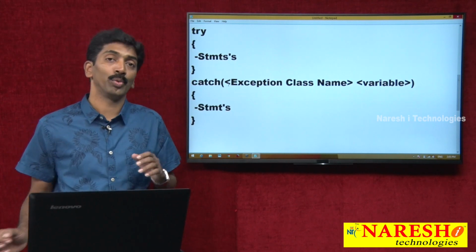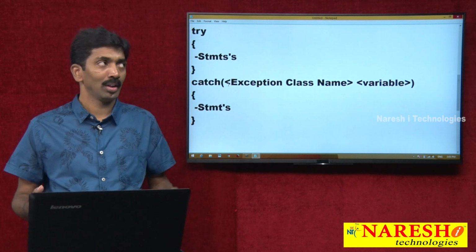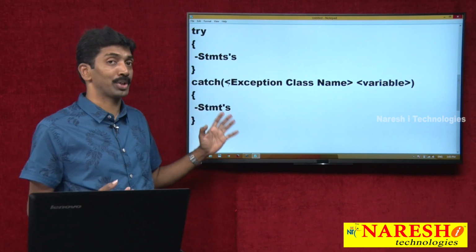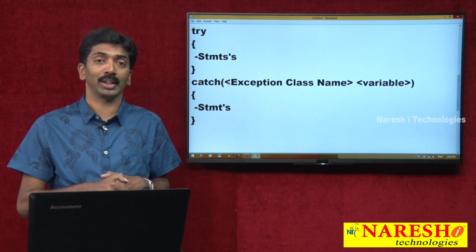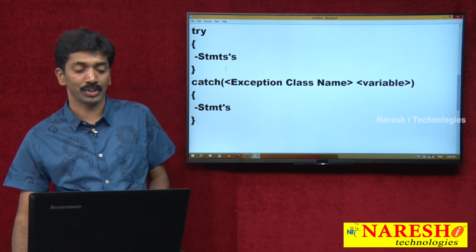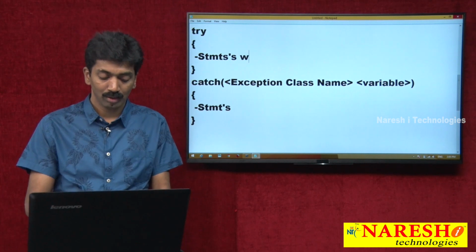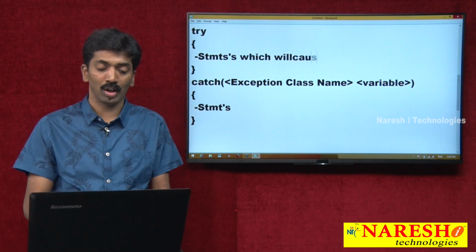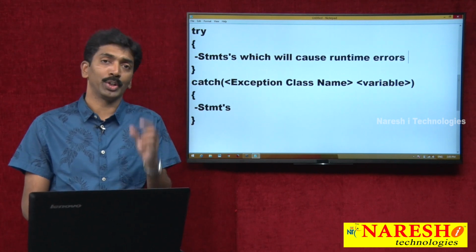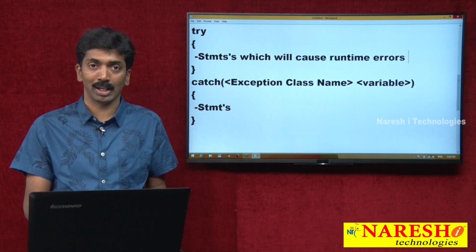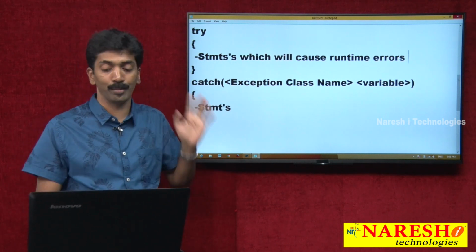But here we require some clarity. You are asking to write some statements in the try, but what statements should I write in the try? What statements should I write in the catch? Let's understand. Statements which will cause runtime errors: you need to identify the statements which will cause runtime errors and put them in the try block.